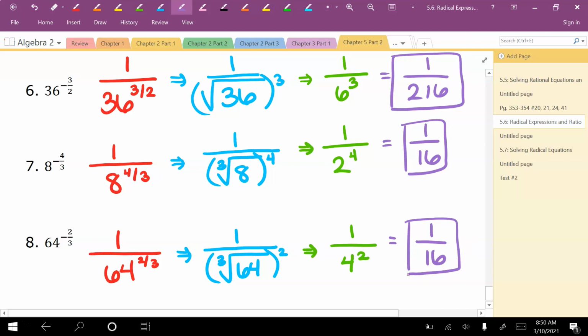Okay, check yours with mine. I went step by step, rewriting it, and then I just went ahead and simplified it there.